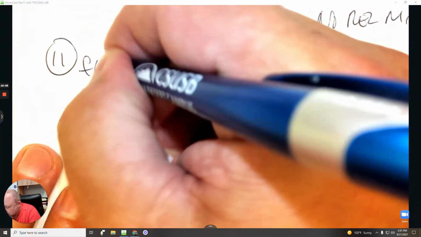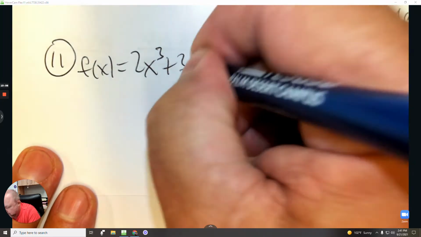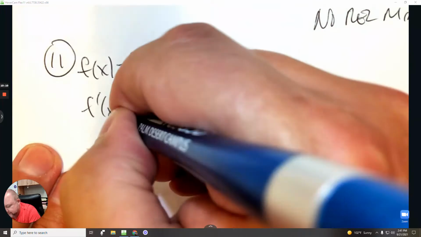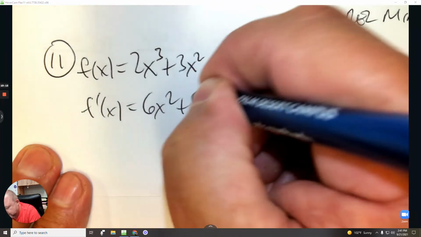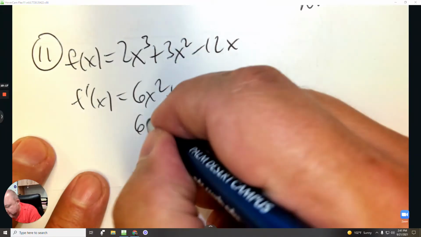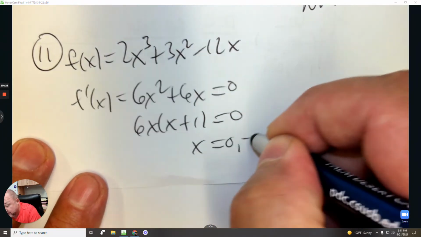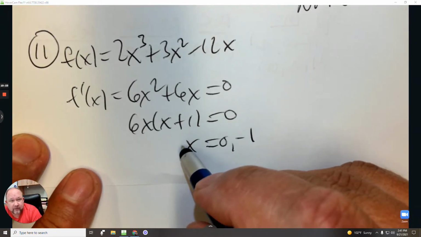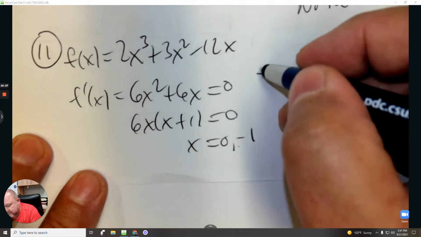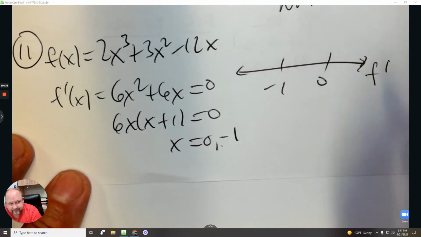This is not a quadratic, so it could have two turning points, or may not. So first take the derivative, make it equal to 0. We're going to factor a 6x out of this. So we actually have two critical numbers to look at, 0 and -1. Draw a number line, label -1 and 0 for the first derivative.